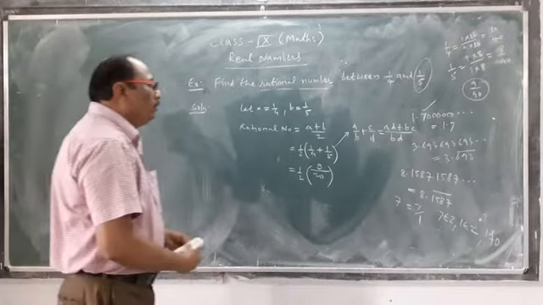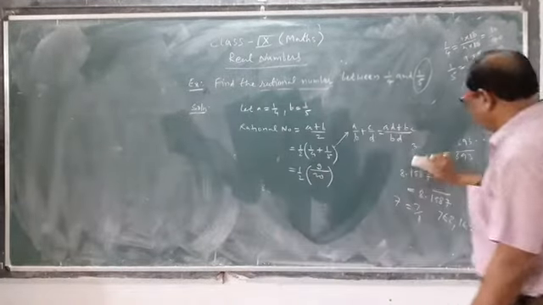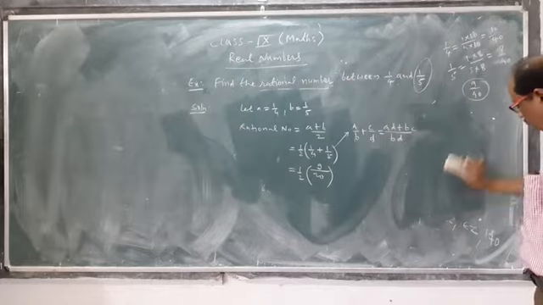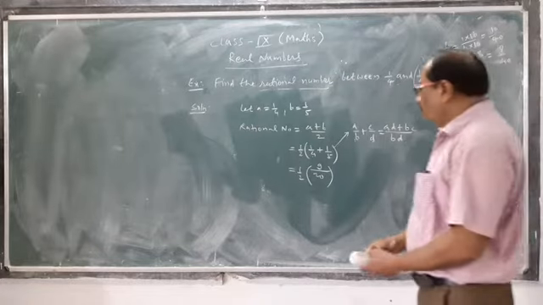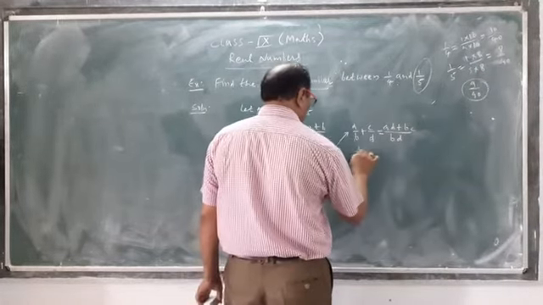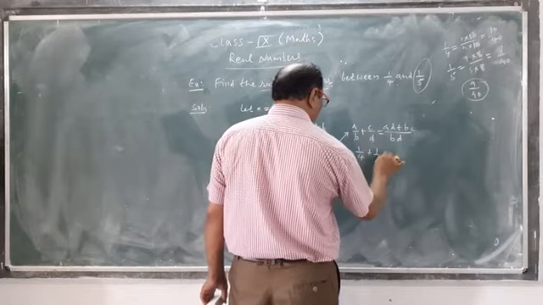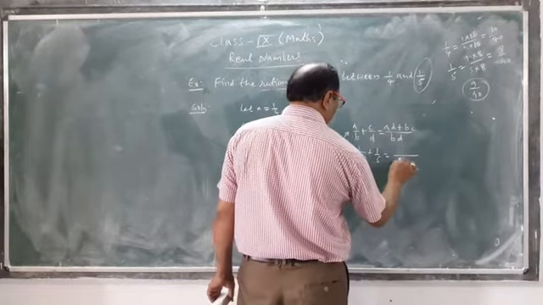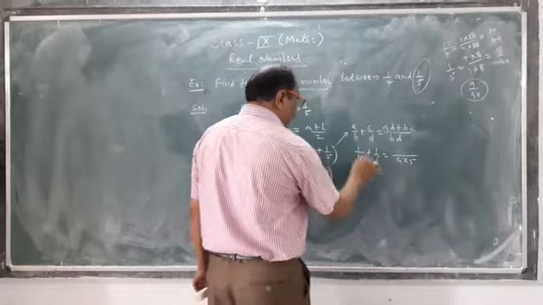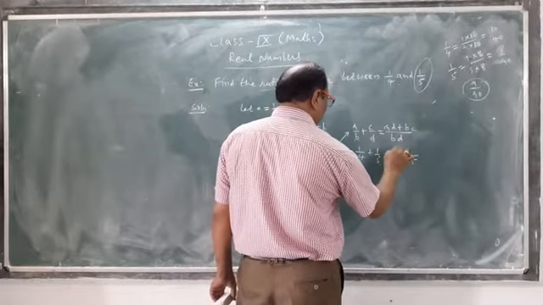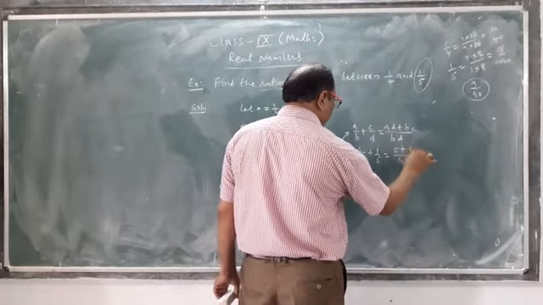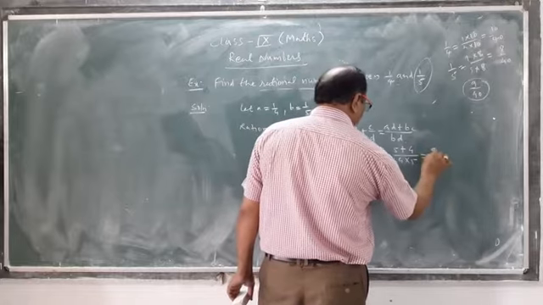Therefore, 1 upon 4 plus 1 upon 5: 4 into 5, then 1 into 5, that is 5, 1 into 4, it is 4, then it is 9 upon 20.